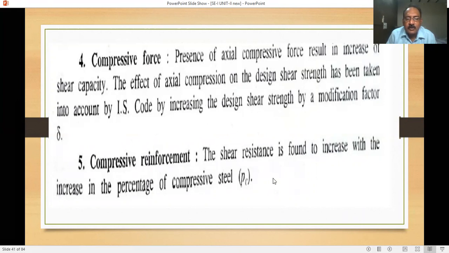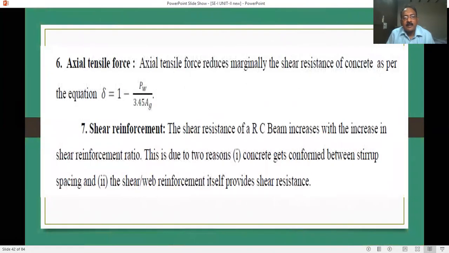Next, compressive reinforcement. If you increase the compressive reinforcement, the shear resistance will increase. This is also one of the factors. Then one more factor is axial tensile force. See, as per this equation, delta equals 1 minus P_u by 3.5 A_g, where A_g is the gross cross-sectional area.